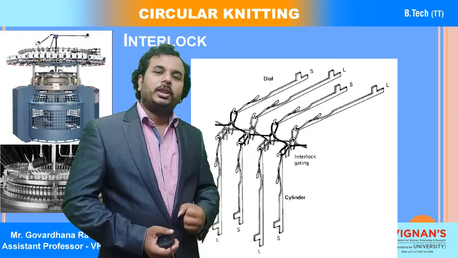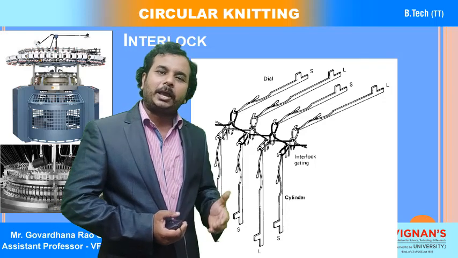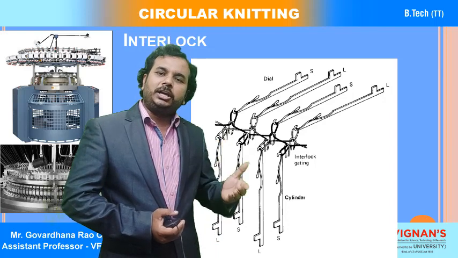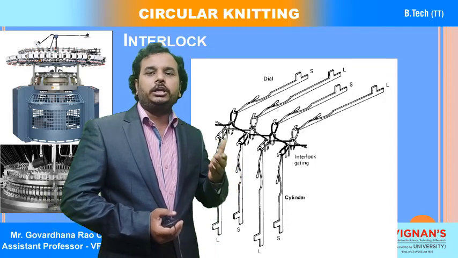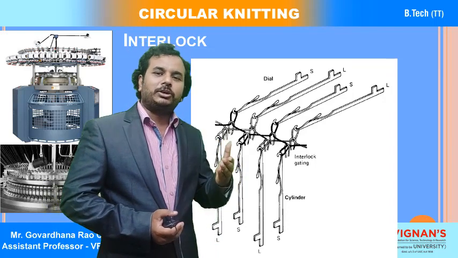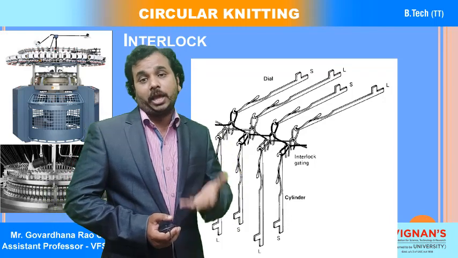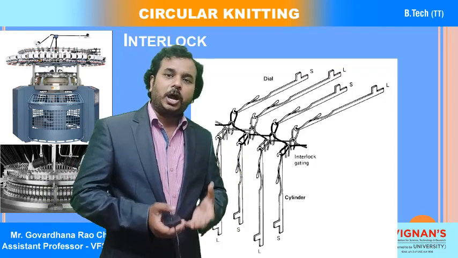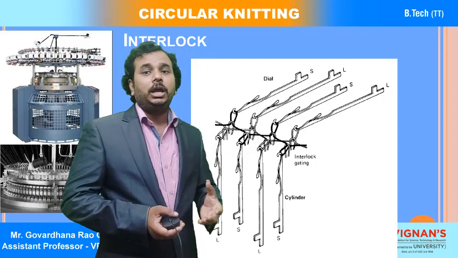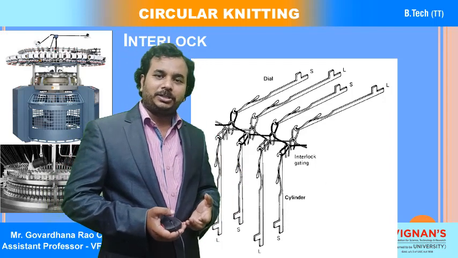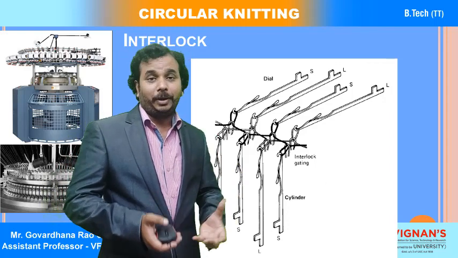That is why you need to operate at a time either the long needles of the cylinder and the long needles of the dial, or the short needles of the cylinder and the short needles of the dial. This is how you produce the interlock fabric structure by using the two needle beds.